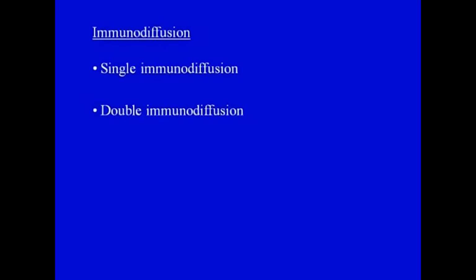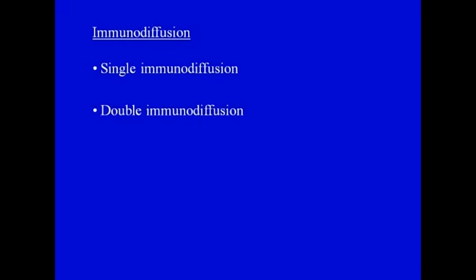So, this is a curve, which we call the precipitin curve. Now, how do you see this curve? There are a lot of different methods, and one process through which you can see the antigen antibody interaction is immunodiffusion. There could be different forms of immunodiffusion: single immunodiffusion and double immunodiffusion.